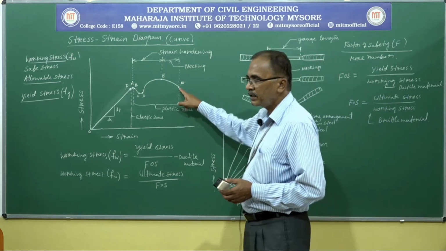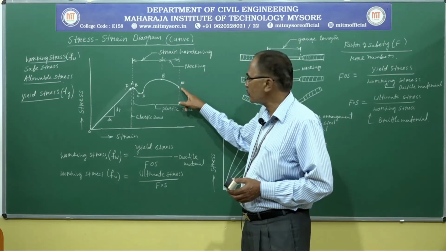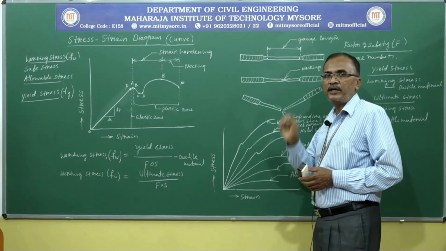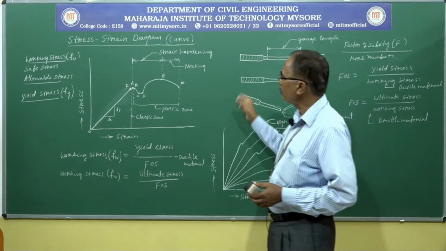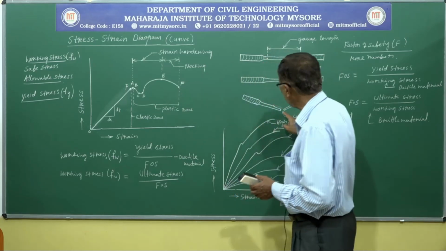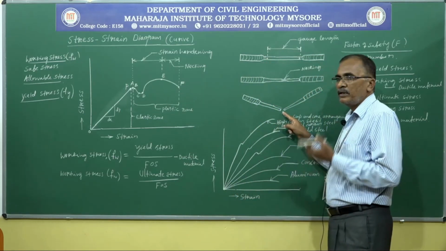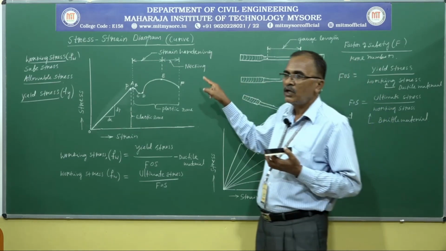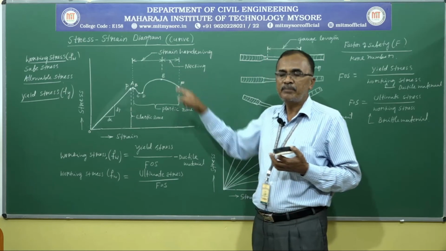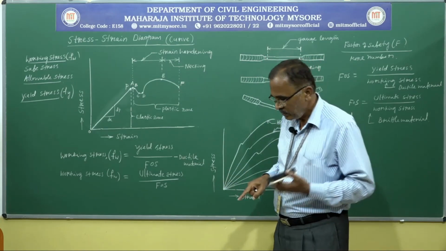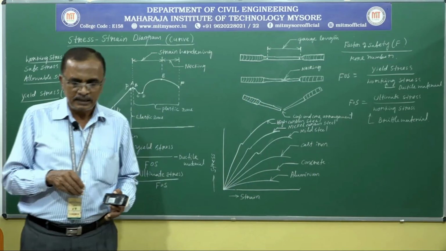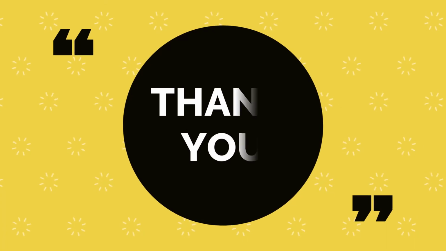If you calculate the breaking stress or failure stress by using the original cross-sectional area, it is an apparent one. If you use the final cross-sectional area at the time of the break after formation of the neck, that is called the true breaking stress or final breaking stress. Like this you can work out numerical problems, which we will take up in the next class, based on the stress strain relationship.